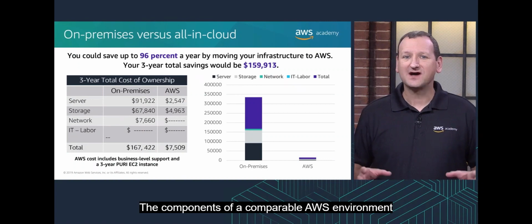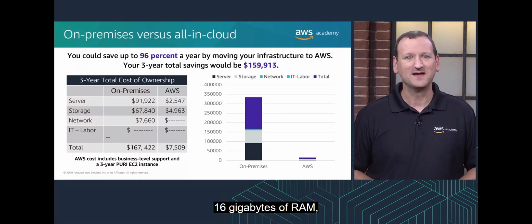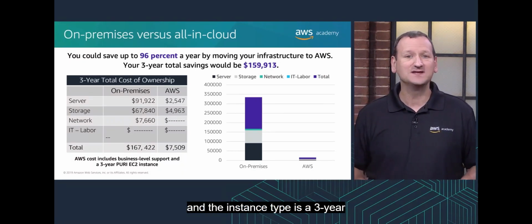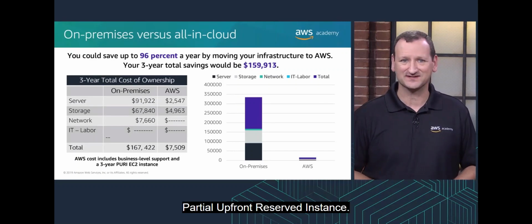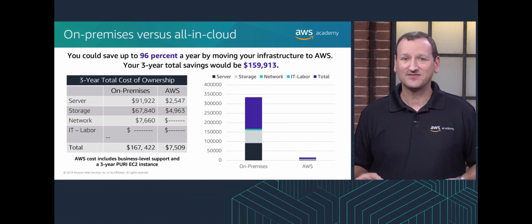The components of a comparable AWS environment include one M4.xlarge instance with 4 CPUs, 16 gigabytes of RAM, and the instance type is a 3-year partial upfront reserved instance. The on-premises 3-year total cost is $167,422.